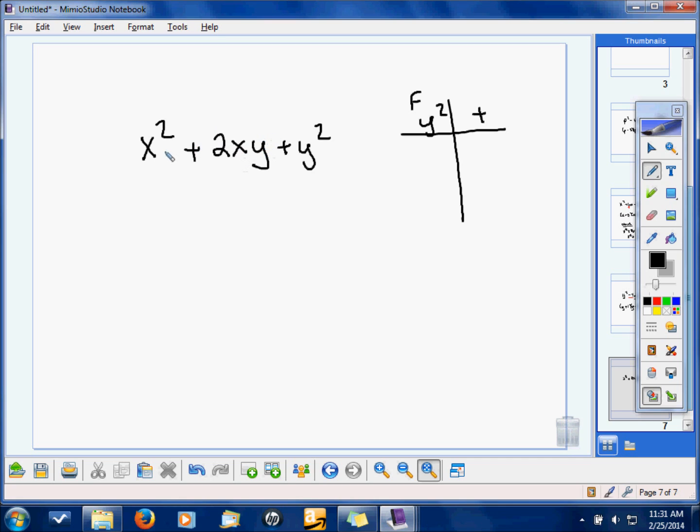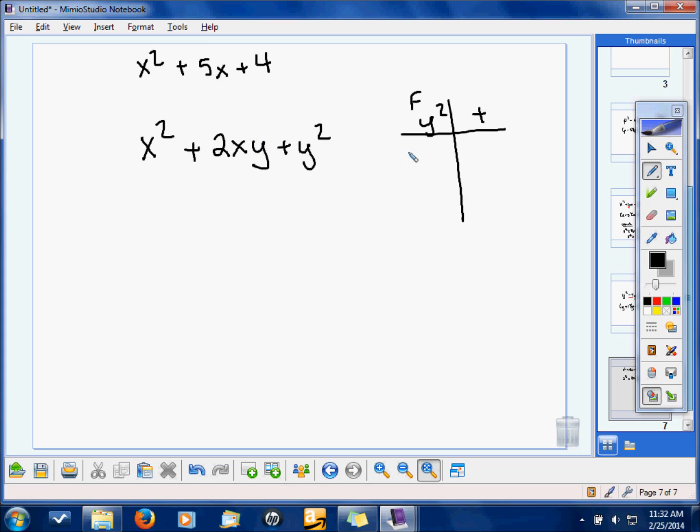Because when we had the other ones, for example x squared plus 5x plus 4, you were looking for your sum to equal the coefficient of x. So here the coefficient of x is actually 2y.